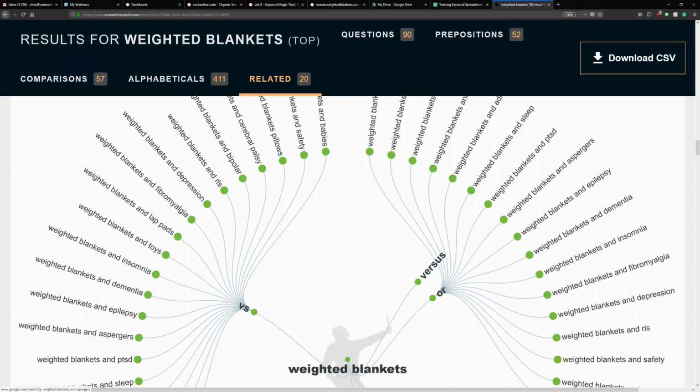This seems really obvious, but if you think past keywords and you think to the content that you're actually going to use the keyword in, what are they actually trying to find there, right? With a post on weighted blankets and epilepsy, what are they trying to find? What actual content is going to give that person value?